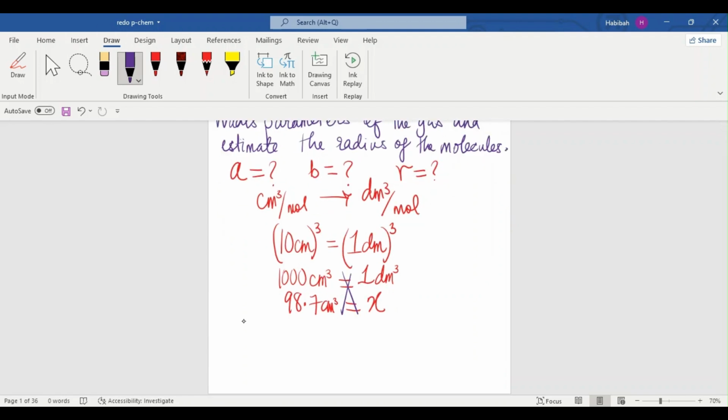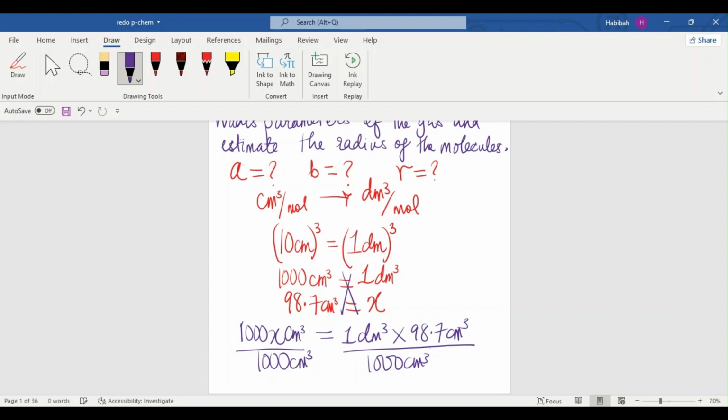It's going to be 1000 centimeter cube times X, which equals 1 decimeter cube times 98.7 centimeter cube. Dividing both sides by 1000 centimeter cube, the centimeter cube cancels out. So X is equal to 98.7 times 10 raised to the power of negative 3 decimeter cube.